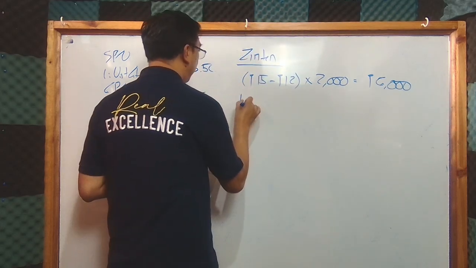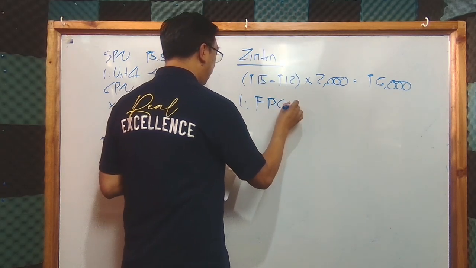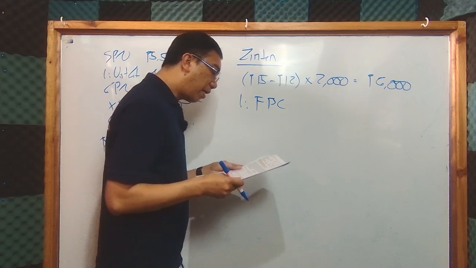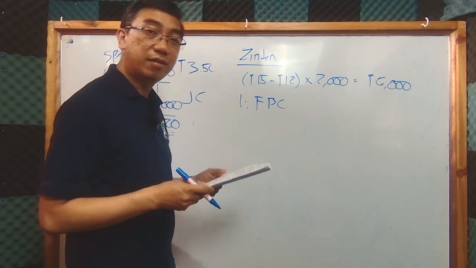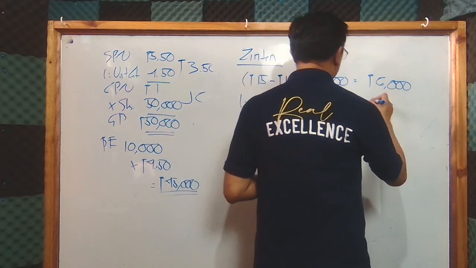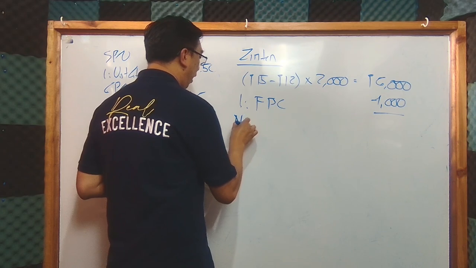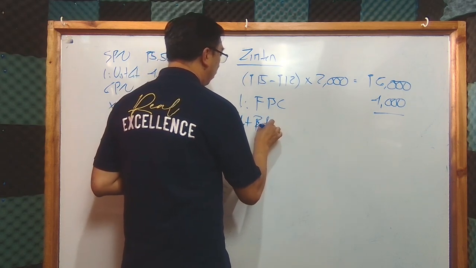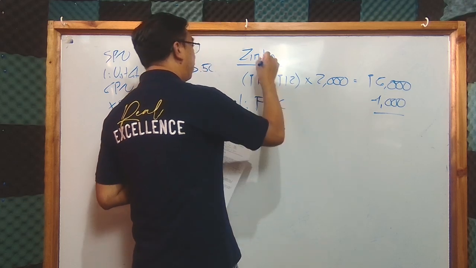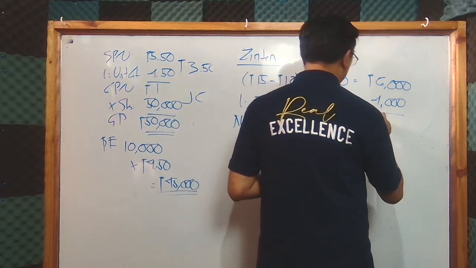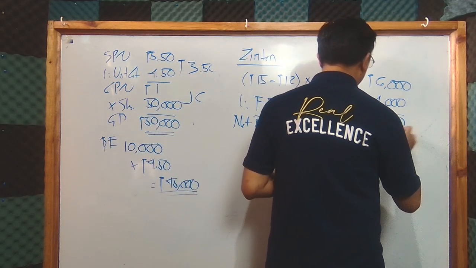Less further processing cost. So, magkano further processing cost nito? 4,000 lang. Di ba, Nas? So, 4,000 lang yan. So, meron tayong net benefit if processed further to Zinten of 2,000.